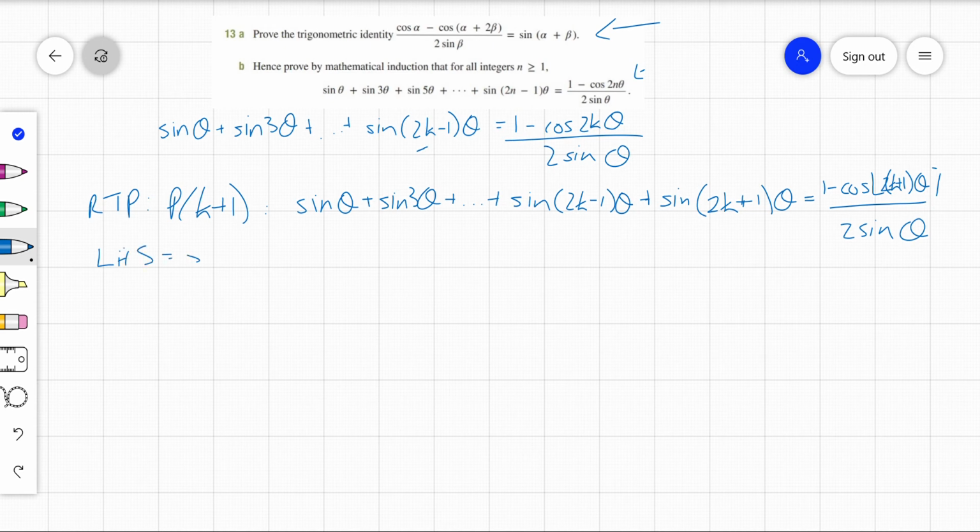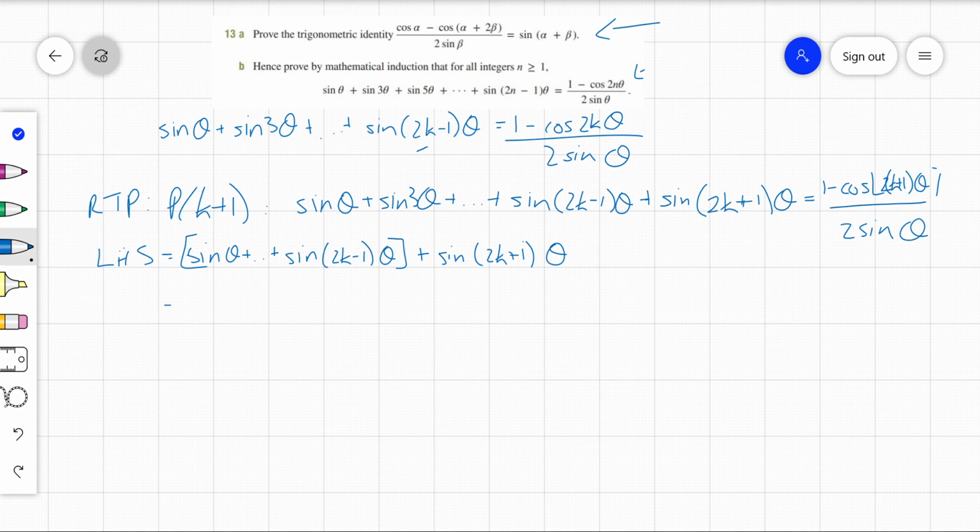And you can see that the first few terms, from sine theta up to our sine (2k minus 1) theta, that's all just from our proposition k. And then we're going to add on the last term, which was the (2k plus 1) theta. There we go.